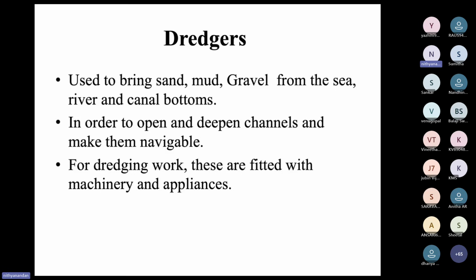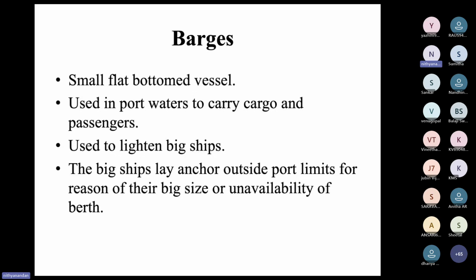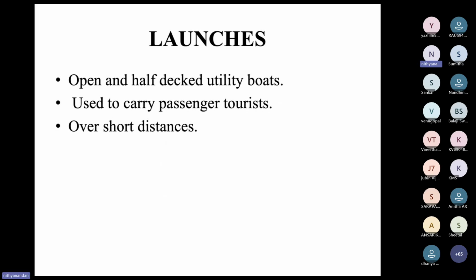It is used to deepen the canals or port areas. Barges, small flat bottomed vessels used only in the port areas. Launches, half decked utility boats used to carry passenger tourists on short distances.